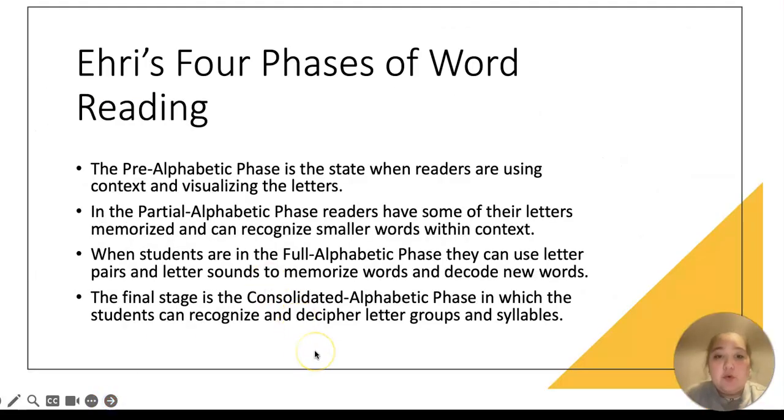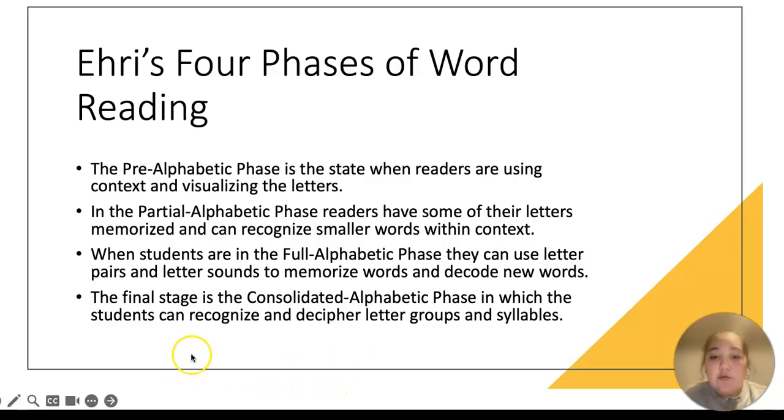Ehri's four phases of word reading. The pre-alphabetic phase is a stage when readers are using context and visualizing the words. In the partial alphabetic phase, readers have some of their letters memorized and can recognize smaller words within the context. Meaning, when a student sees a word and they are able to put those letters together, then they are able to understand the context of it.